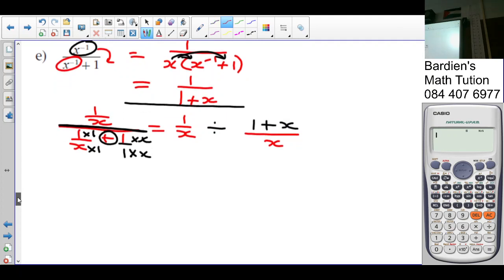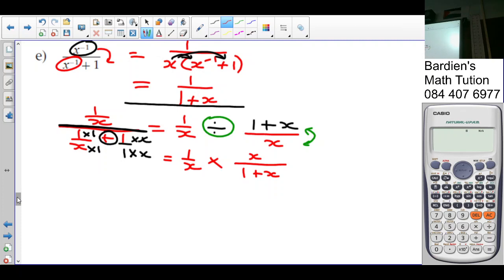So what do we do now? That division you must change to a multiplication. And what do we do? Tumble and times. Switch. So what does that become? 1 over x times x over 1 plus x.